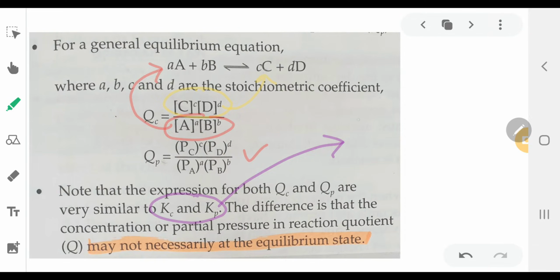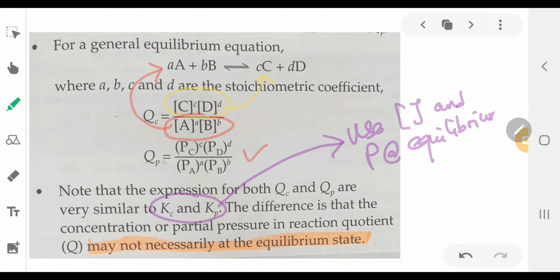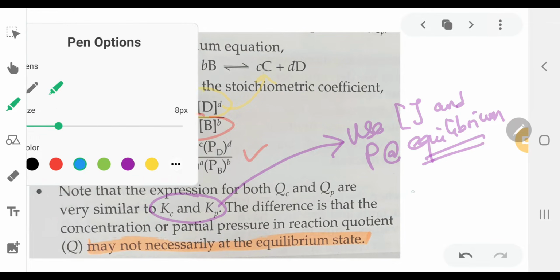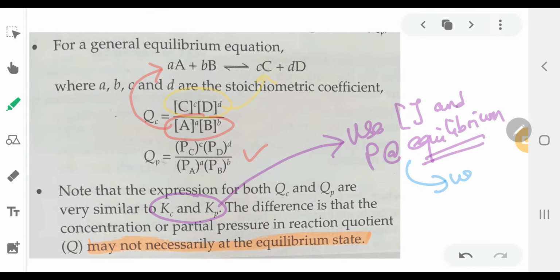So these two use concentration and pressure at equilibrium. That's why when you want to find Kc and Kp, you need the ICE table. Okay?